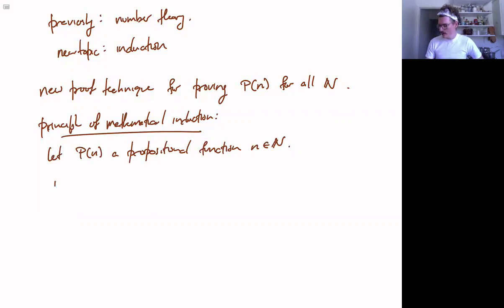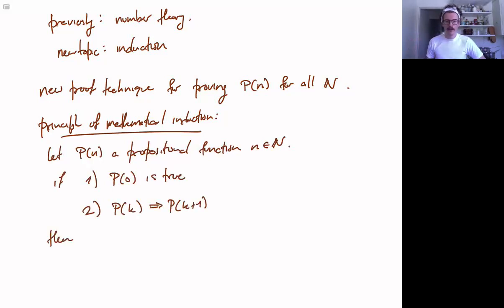And how induction works is, if you know that P of 0 is true, and also you know that P of k implies P of k plus 1, then you know P of n is true for all n natural numbers.